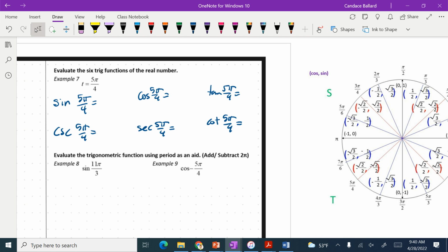What quadrant is 5 pi over 4 in? Okay. So that's the coordinate you should be using. I want you to see how far you can get with it without my help. You can do it. Write down the sine, write down the cosine. Remember, sine is the y, cosine is the x. You may need to rationalize somewhere.